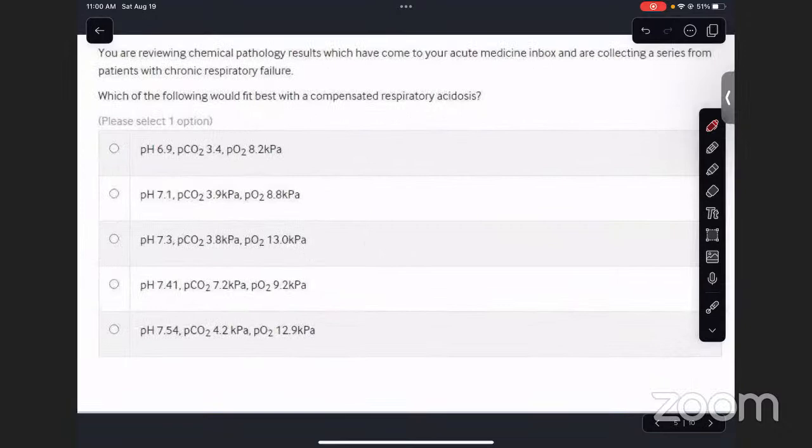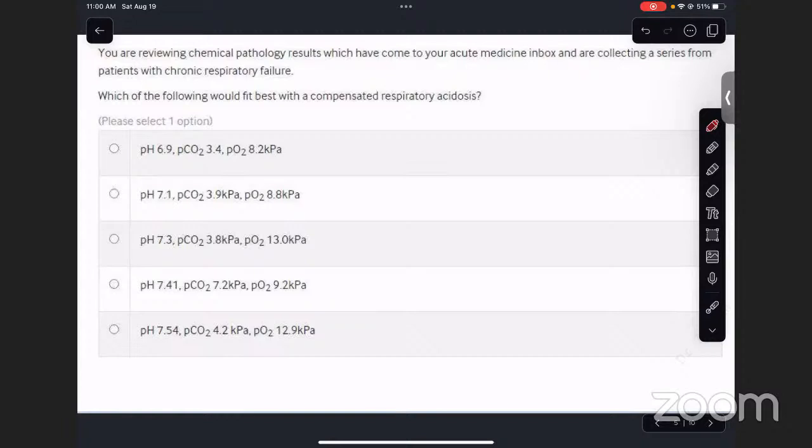You are reviewing chemical pathology results which have come to the acute medicine unit, collected from a patient with chronic respiratory failure. Which one of the following will fit best with a compensated respiratory acidosis? So these are the answers.